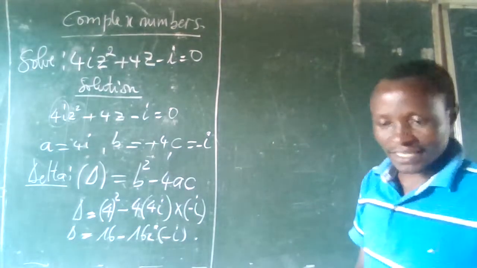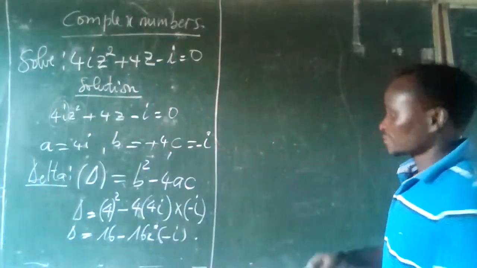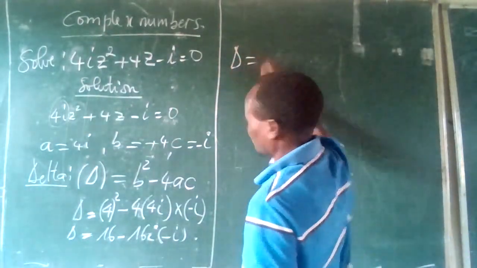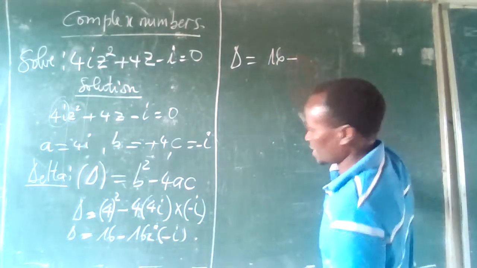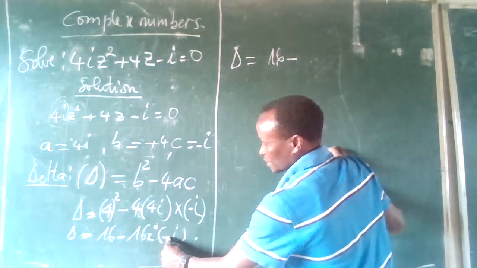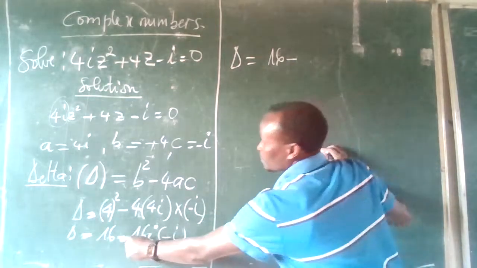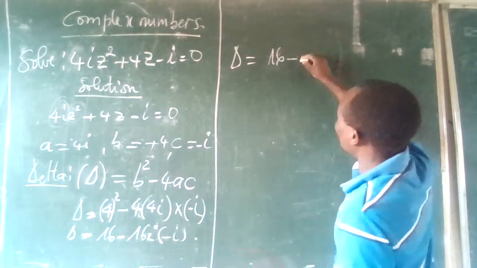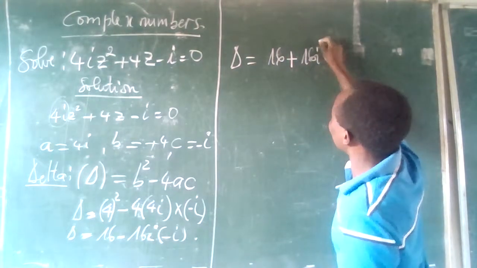Now, what is the next one? Delta is 1 minus, here we have this i times i, it will be plus 16i squared.